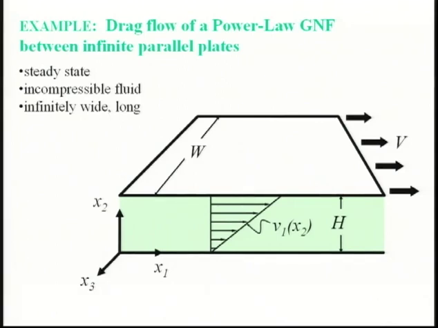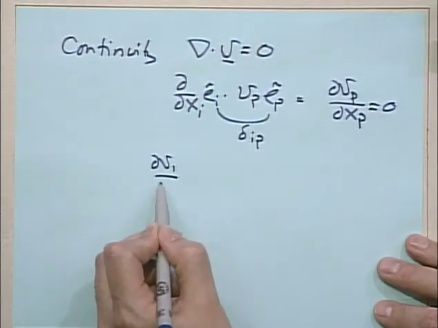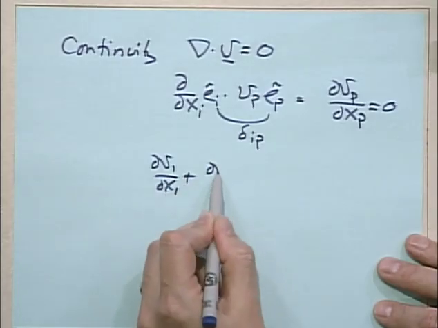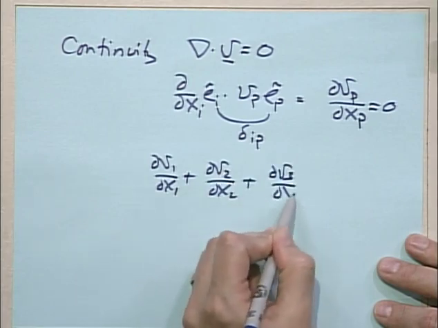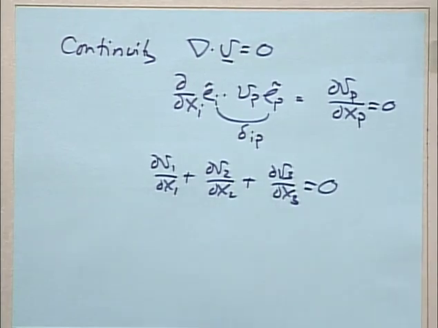This is delta ip, and i becomes p, dvp dxp equals 0. So this one is dv1 dx1 plus dv2 dx2 plus dv3 dx3 equals 0.